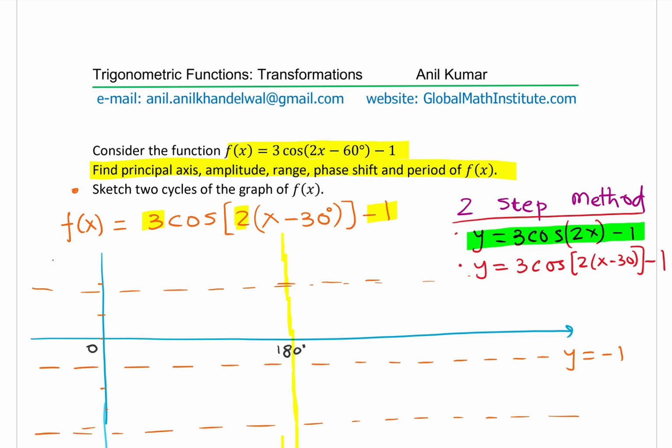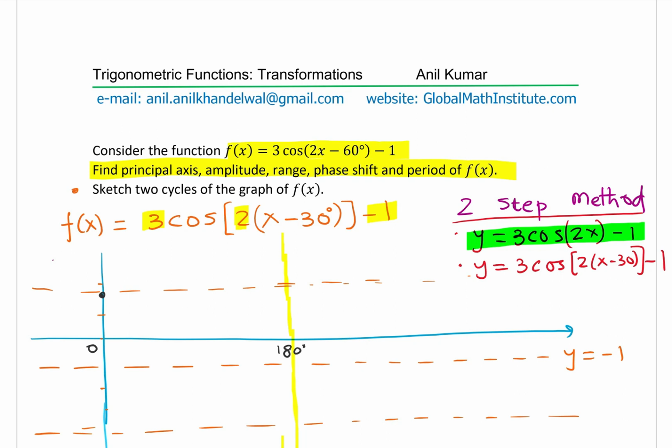Within this framework, we are going to use 5 key points of the cosine function in the sketch. The cosine function, as you know, starts with the maximum, right? It goes to the axis, comes back to the minimum, back to the axis and the maximum. So those points happen to be at 4 quarters.